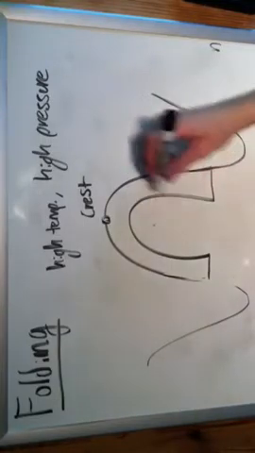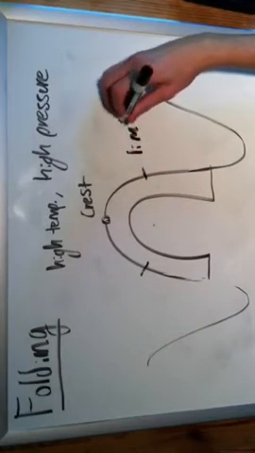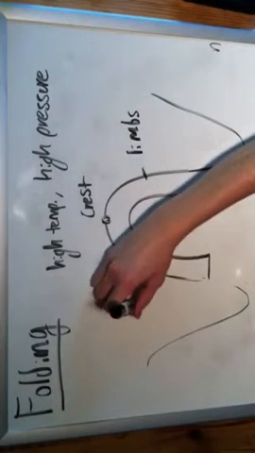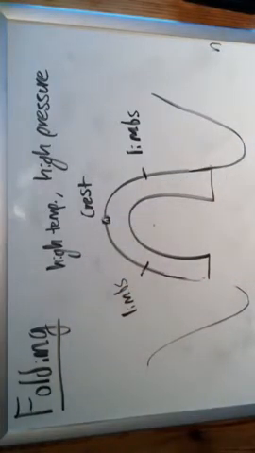And then these pieces here, you heard me use this term, these are the limbs located to the right and the left of the crest. And these are the actual pieces that dip in whatever direction, upwards or downwards from the crest, depending on whether it's a syncline or an anticline.